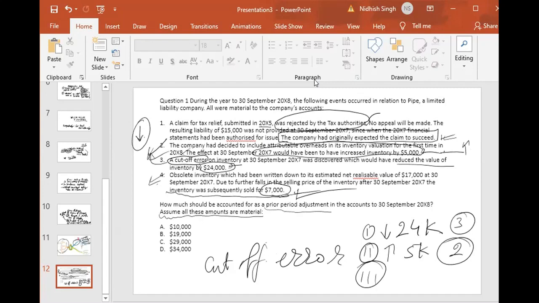The tax authority has rejected this. So increase the liability. So the overall impact will be negative, right? 15K. Point number 1. What is the net impact?